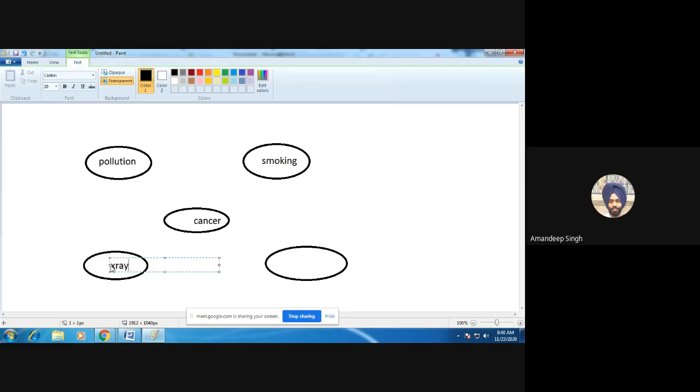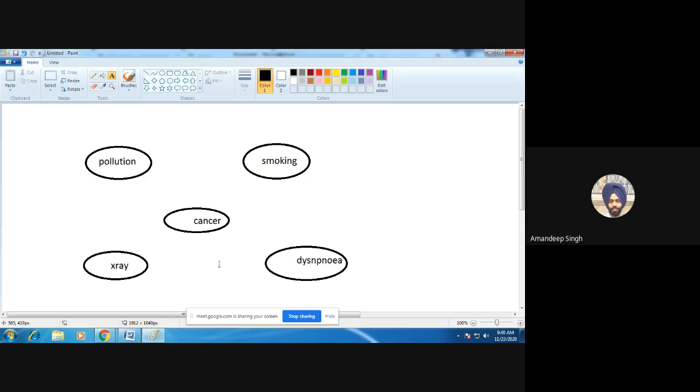And here we are having X-rays, and here we were having that disease, dyspnea, that is shortness of breath. We were having this flow of information among these nodes.